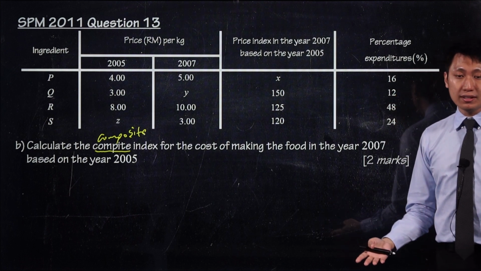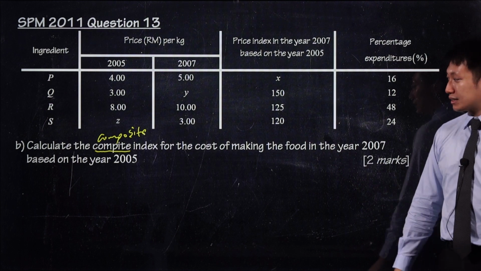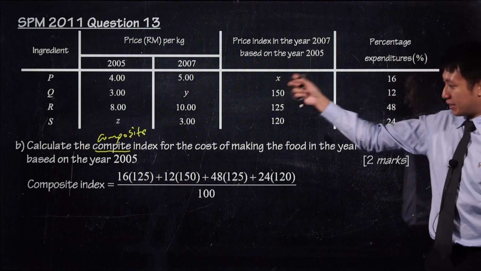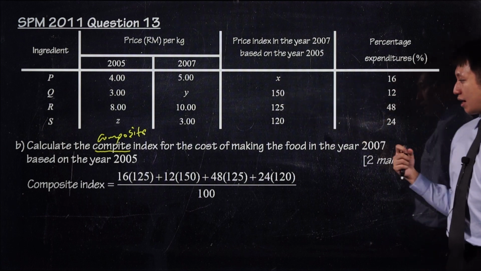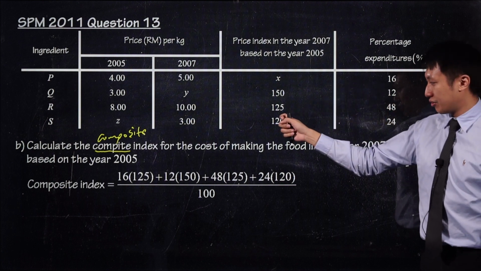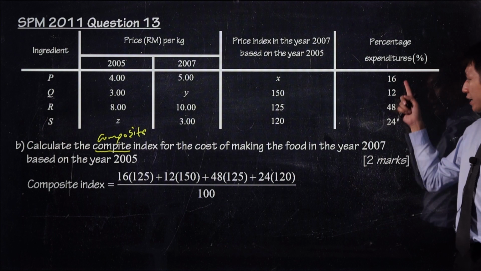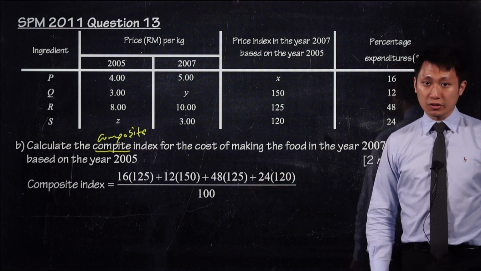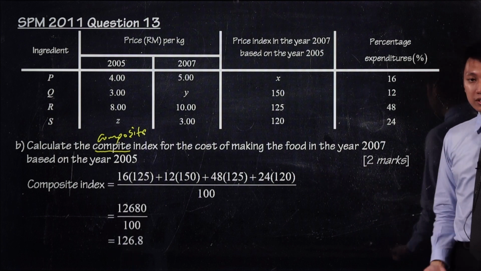So you can find the composite index. Easy. Composite index: 16 times x, plus 12 times 150, plus 48 times 125, plus 24 times 120, divided by the sum of these, which is 100. So you get 126.8.